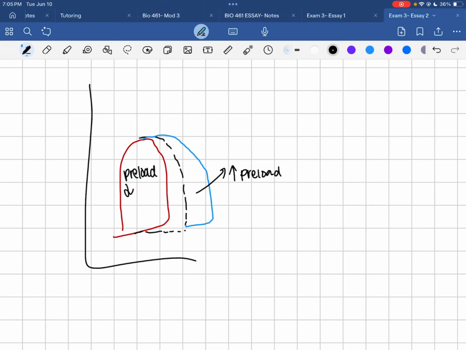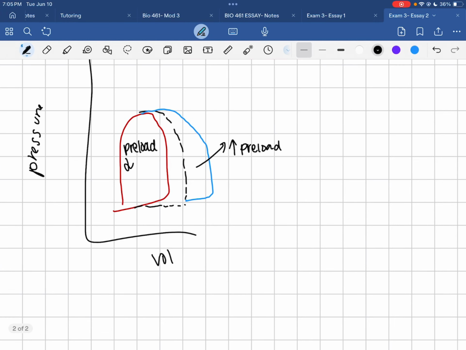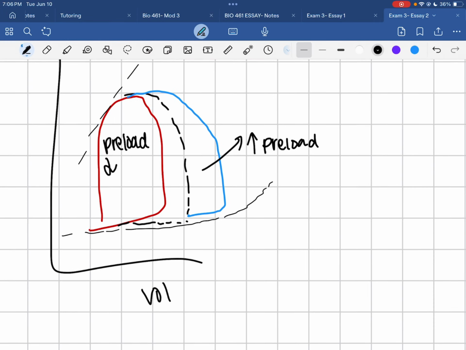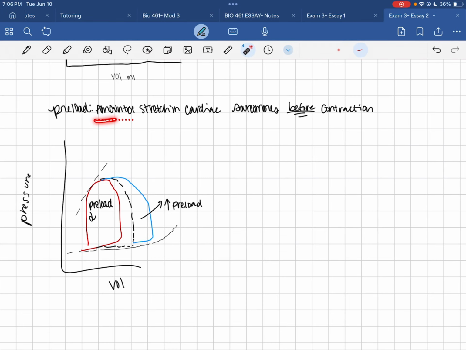This is an increase in preload, and this is a decrease in preload. We have pressure here and volume again, and then we have our inotropic line and this little curve right there.